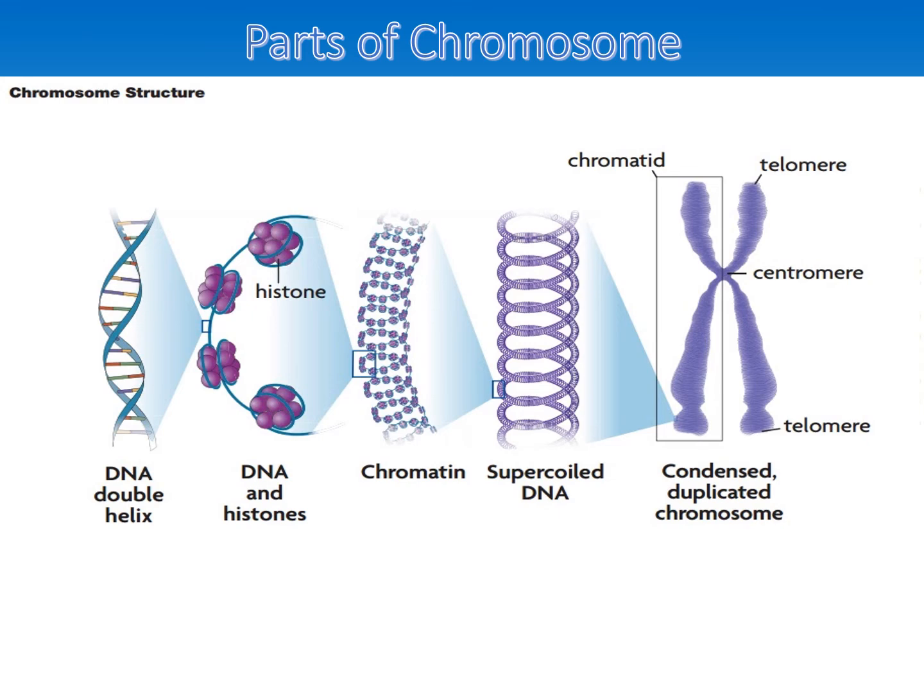You have here the condensed chromosome, as I've mentioned. Again, you can see in this figure the supercoiled DNA. Inside that is the chromatin, and inside of the chromatin are the DNA and histones, and inside of this is the DNA double helix.